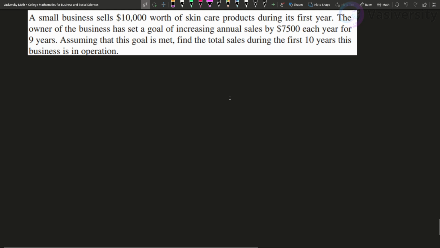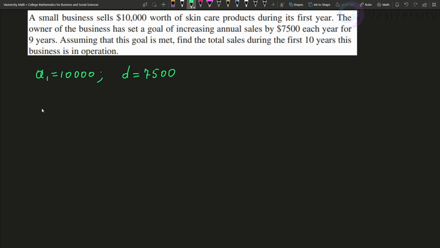Assuming that this goal is met, find the total sales during the first 10 years the business is in operation. So, right, essentially we can think about a graph.